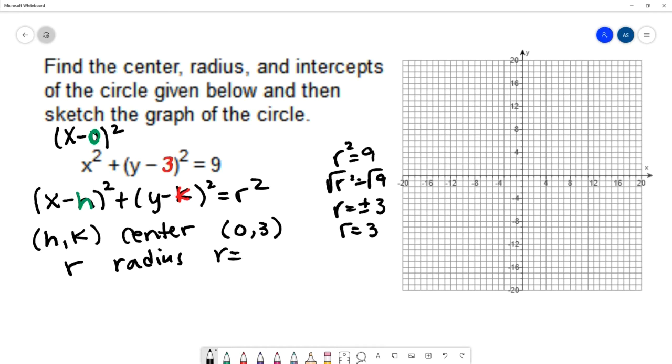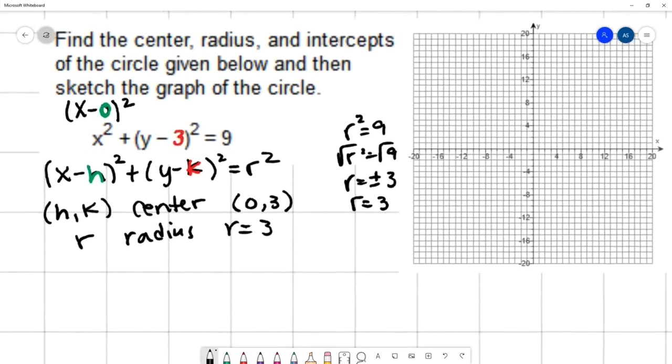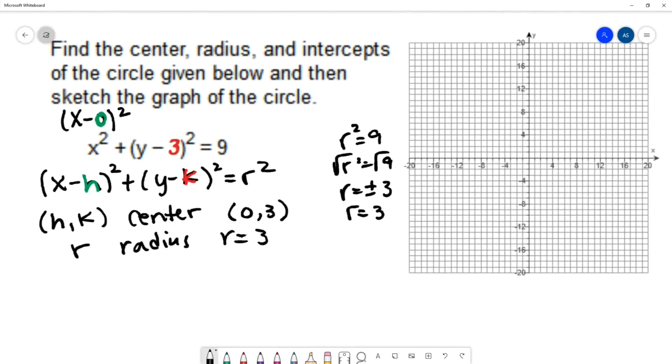We have a center of 0, 3, and a radius of 3. With that information, we are able to graph the circle. So I'll go ahead and graph it now, and then we'll find the intercepts of the circle.